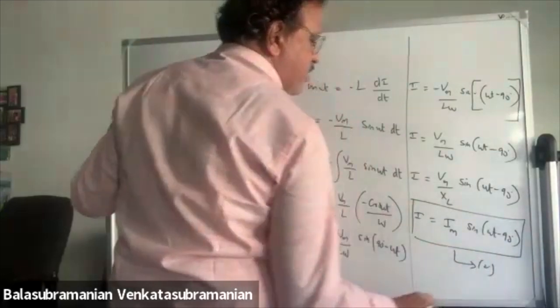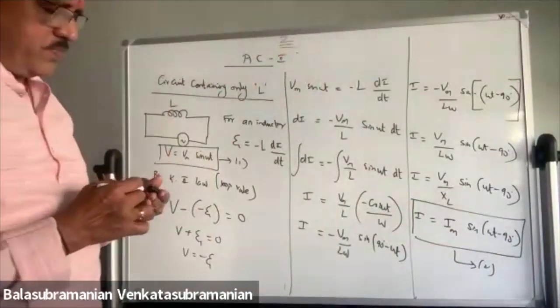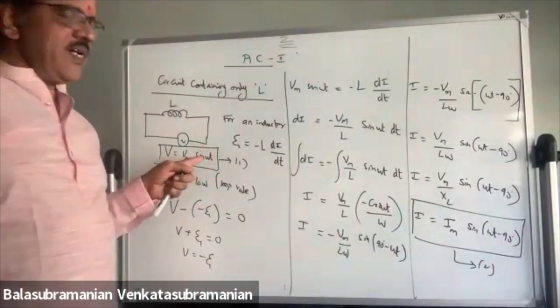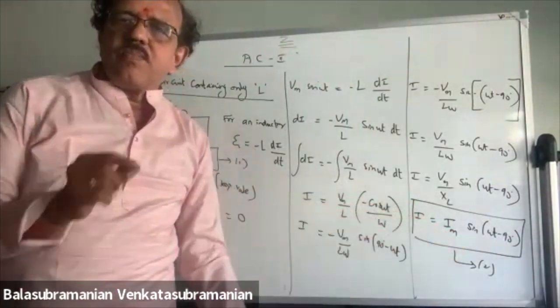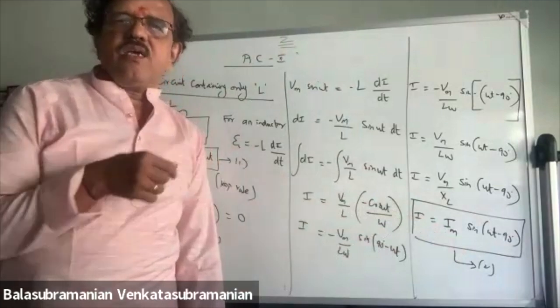Now you compare equation 1 and 2. Equation 1 is sin omega t. Equation 2 is sin of omega t minus 90.